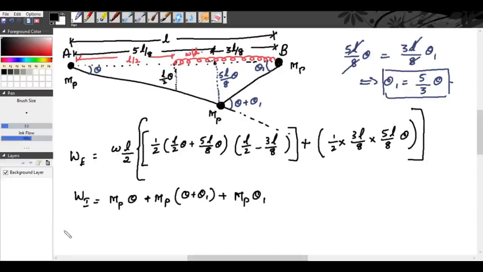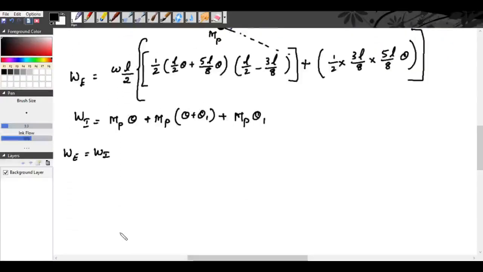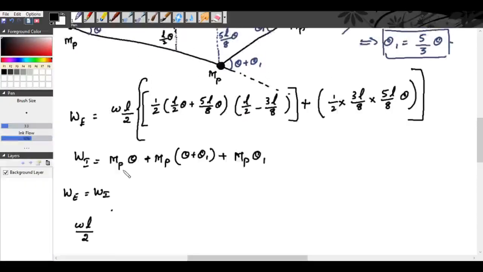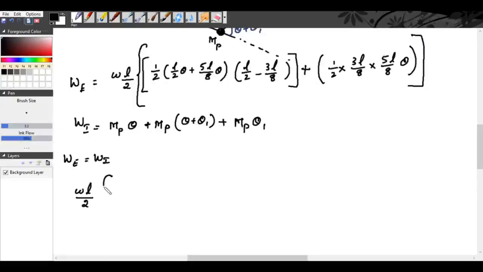Now we will equate external work done to internal work done. So what we get is WL by 2 multiplied by half into L by 2 theta plus 5L by 8 theta.